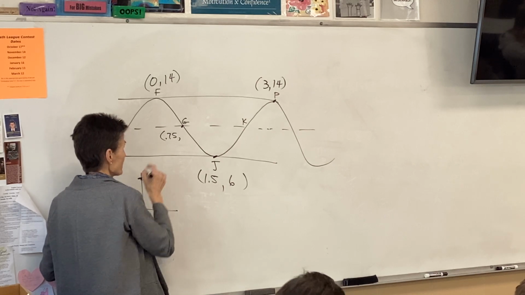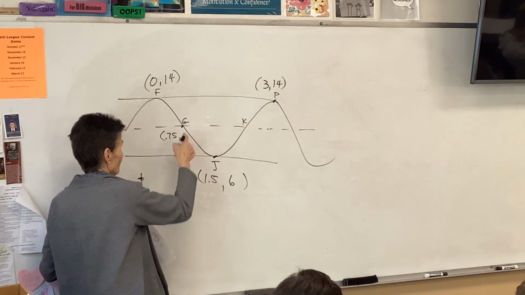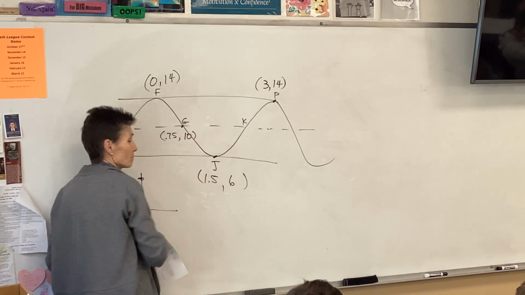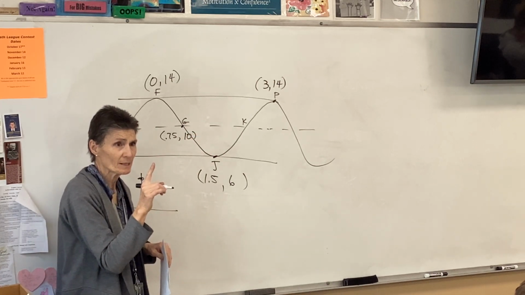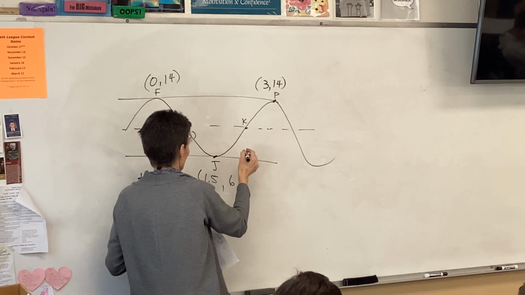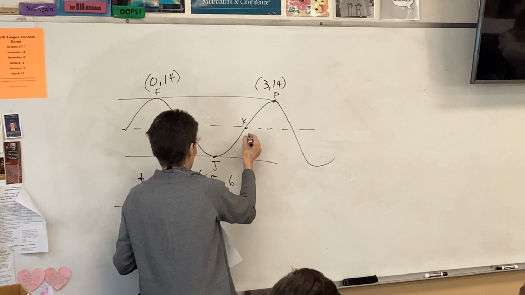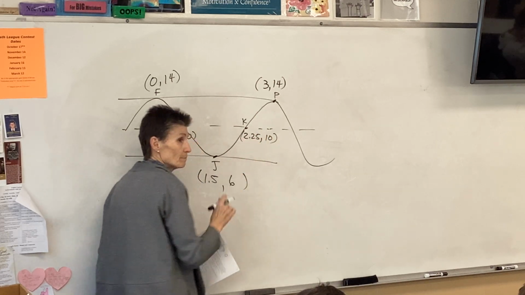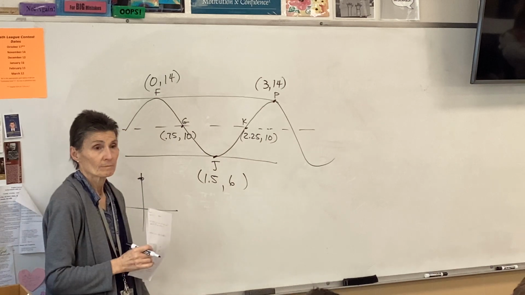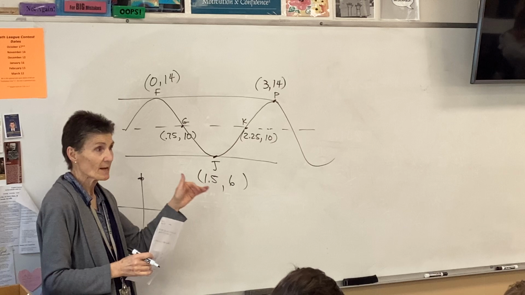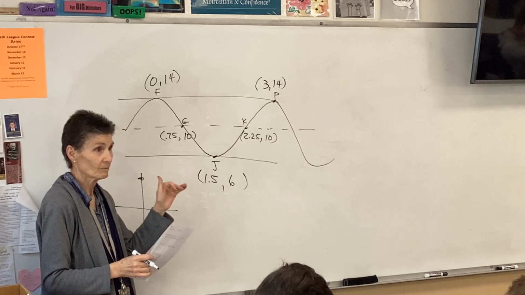And what's his y? 10? Does that make sense to everybody? Good? And then how about K? K would be 2.25, 10. Feeling more confident about that kind of stuff, right? Hopefully a little bit.